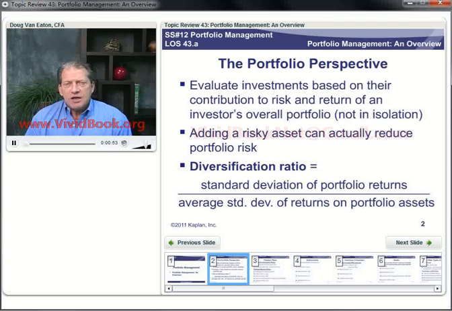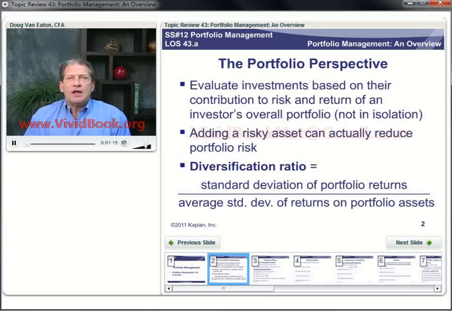But with the change to modern portfolio theory, now the investment manager looks at the overall portfolio, and in adding any investment, any asset, any security to the portfolio, looks at its effect on the portfolio risk. It's the risk and return of the portfolio as a whole which must be suitable to the investor.